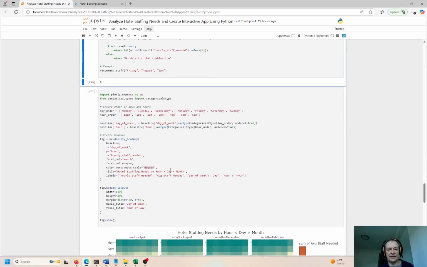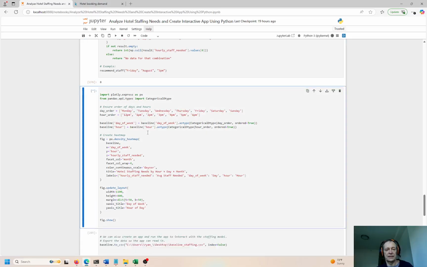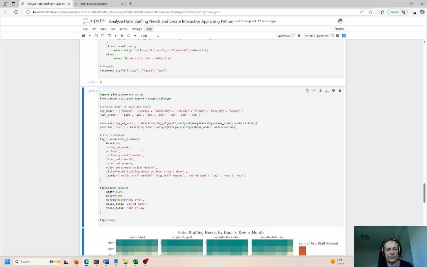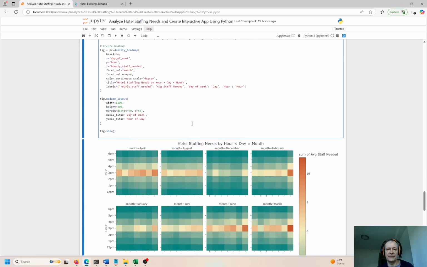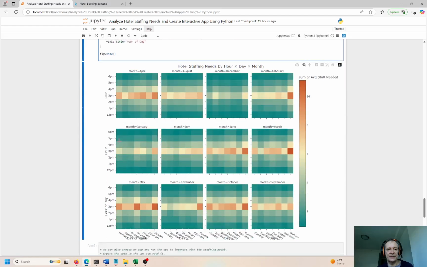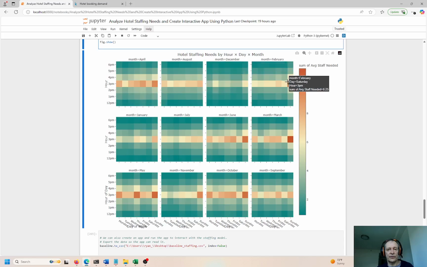And then based on this right here, we can look at a few different scenarios based on the day order and the hour, right? The check-in, again, we're just looking from 12 to 6 p.m. And it could be after, it could be earlier, but that's kind of unusual based on the analysis that we did. You see again, what is the sum of the staff needed? 3 p.m. comes up over and over and over, right?